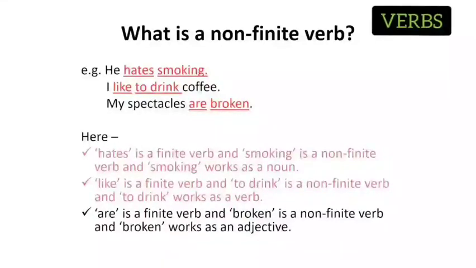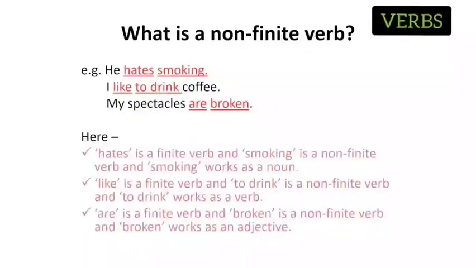Swimming is a healthy exercise. Swimming is non-finite. Playing cricket is prohibited here. Is prohibited, we know that is finite. Playing is non-finite because it will be the same in past, present or future.